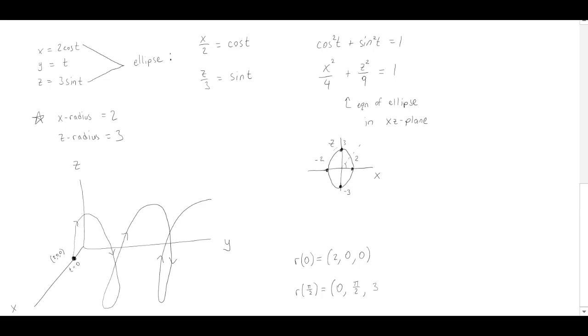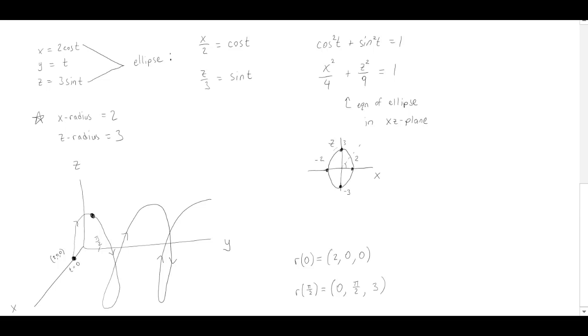So let's see what this says. When t is pi over 2, so I'll just guesstimate pi over 2 for y out here, I should be at the point x equals 0, and z should be equal to 3.